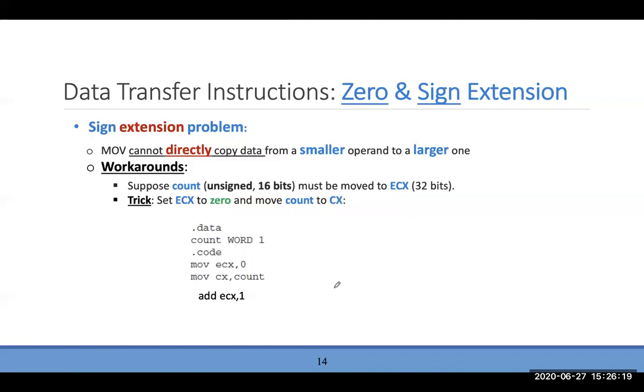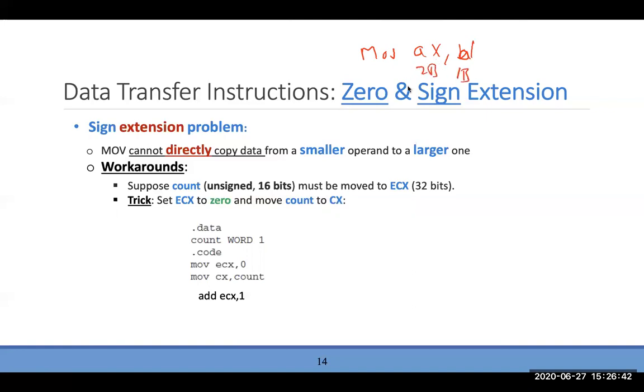And now we're going to deal with the data transfer instructions when we are actually dealing with mismatching. So if we want to move, let's say, move to AX, BL. So this is 1 byte, and this is 2 bytes.